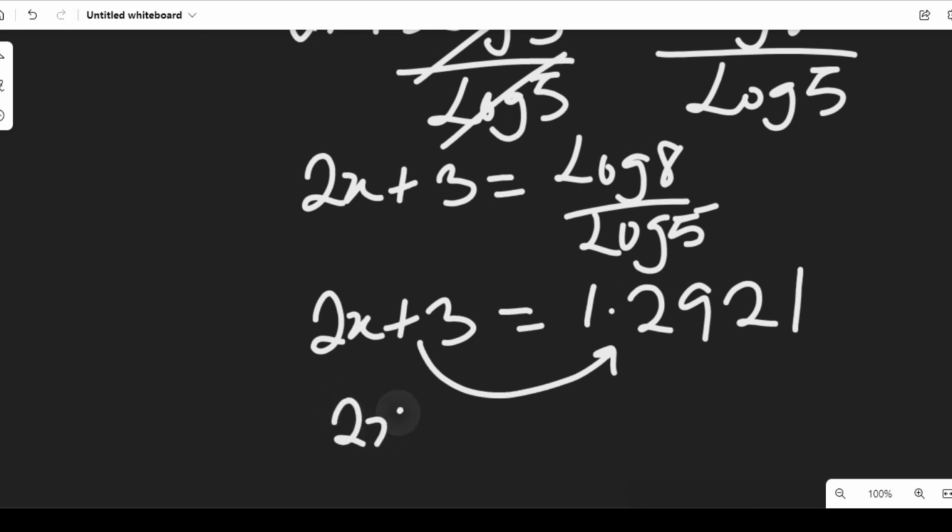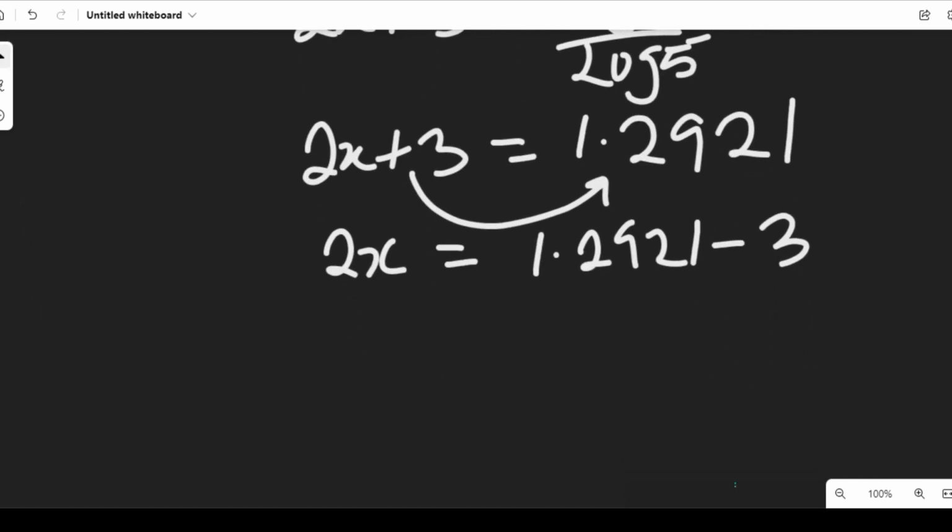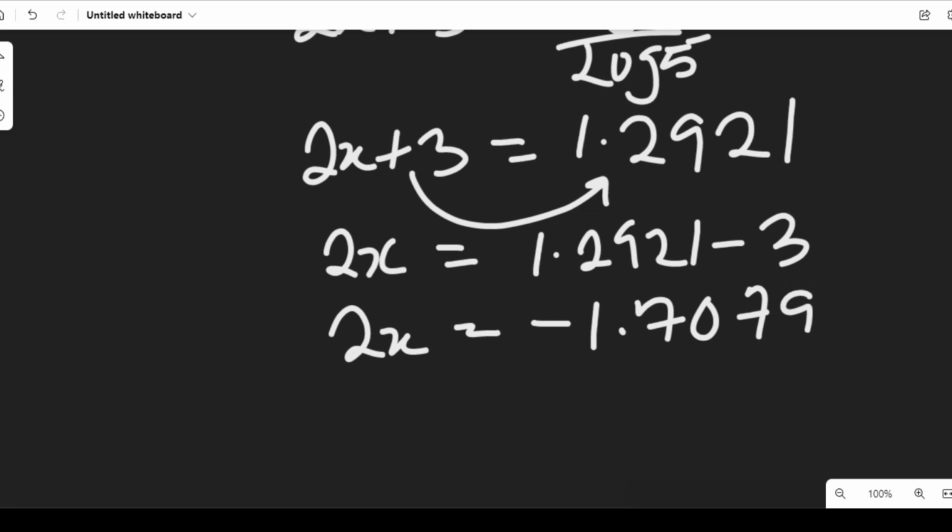So if we simplify, we're going to take 3 crossing over to this side to become negative 3. So we'll have 2x equal to 1.2921 minus 3. If we simplify, we are going to have 2x equal to negative 1.7079, and we'll divide both sides by 2 to make way for the value of x.